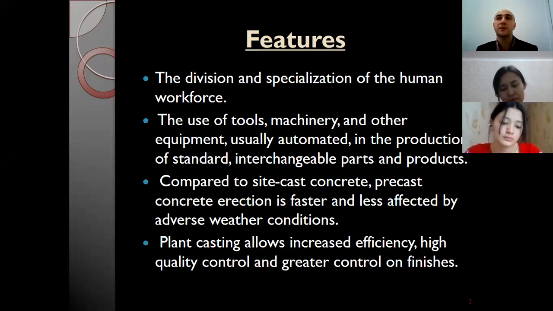And so, when we are going to build using modular methods, for example, of course there are no additional works like installing reinforcement, formwork, concreting, and so on.